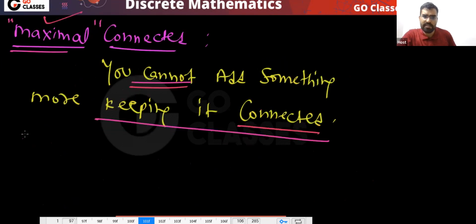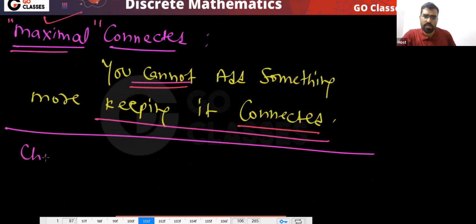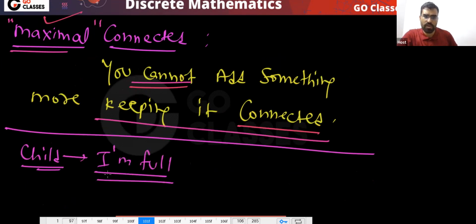For example, there is a child. This child says, I am full. If he says, I am full, then can you add something more to his tummy? Now, don't say add one more tummy.